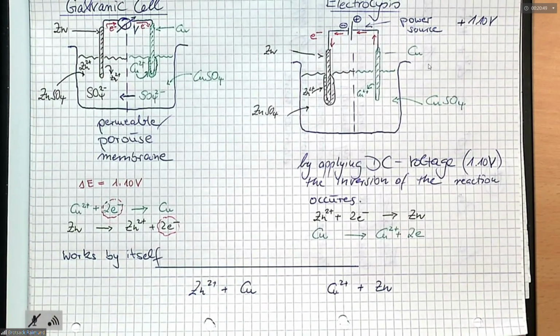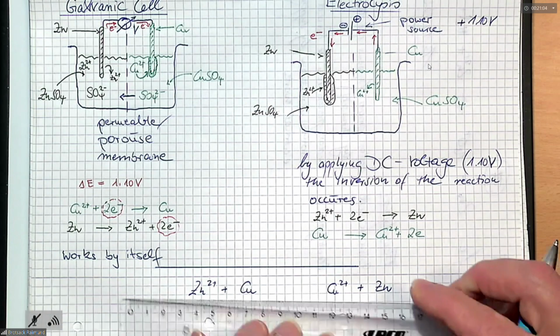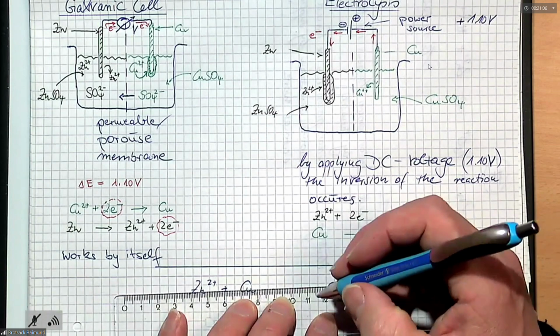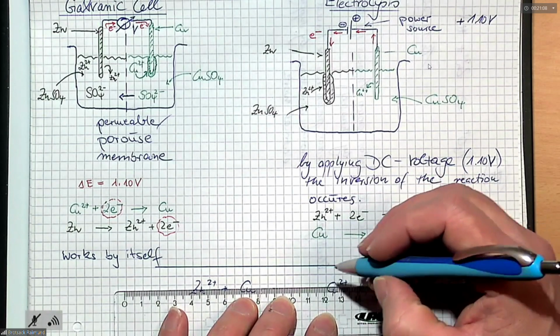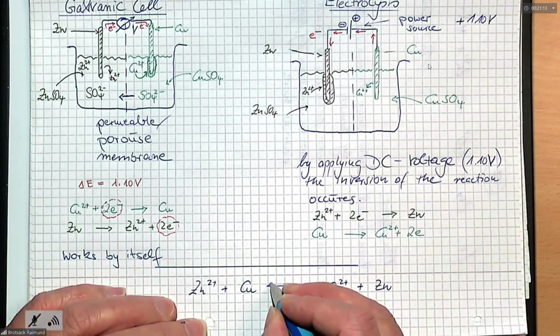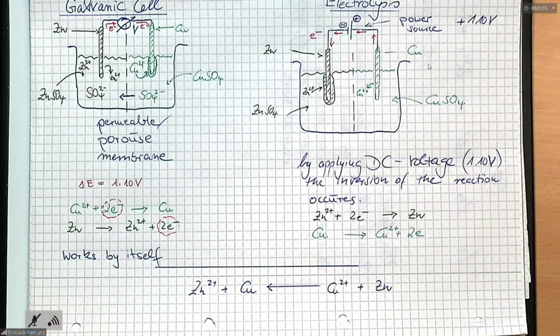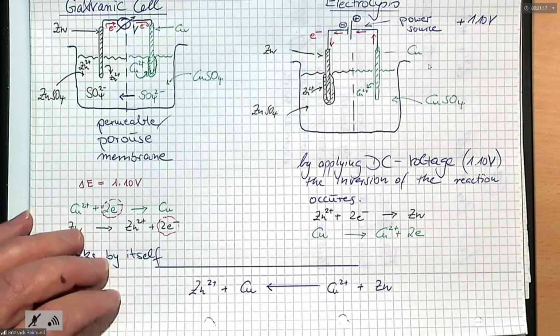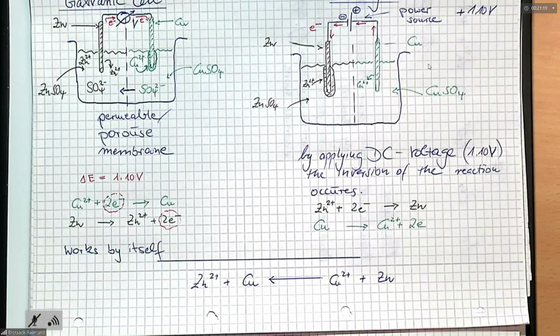So what are you expecting when you are not investing any power from outside? It will work from the right to the left side in this case, because zinc will be oxidized and copper will be reduced, the copper 2 plus. So this is the direction which works by nature, or in the Daniel element in the galvanic cell.